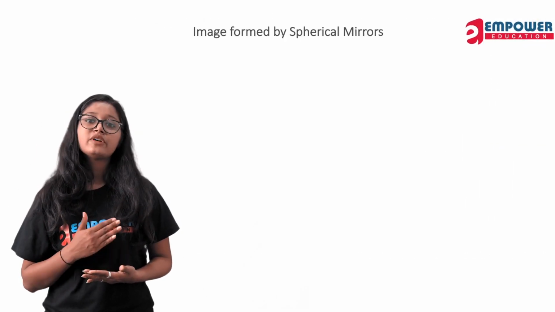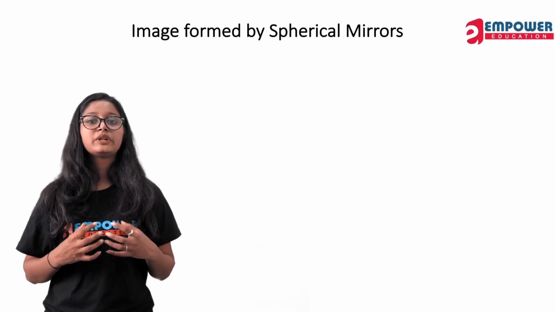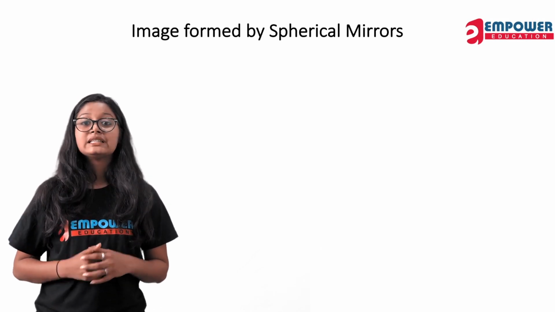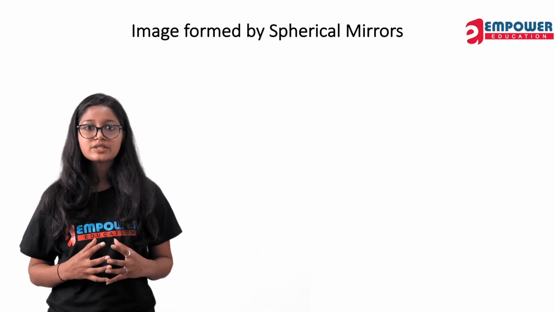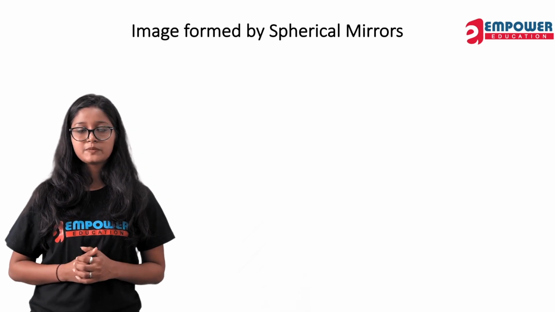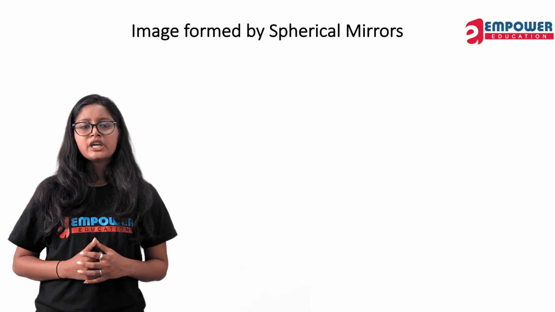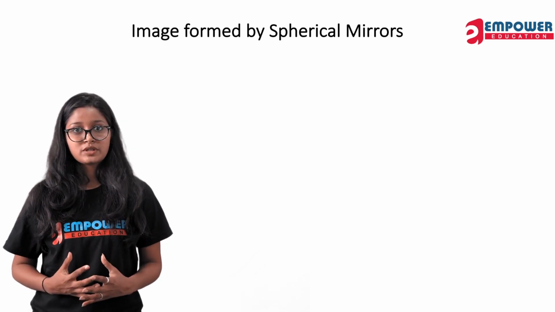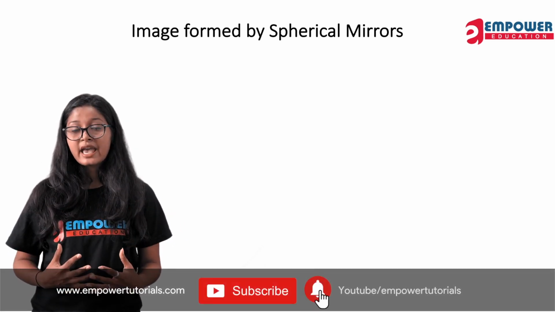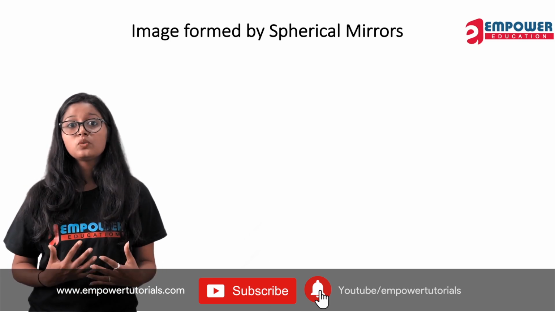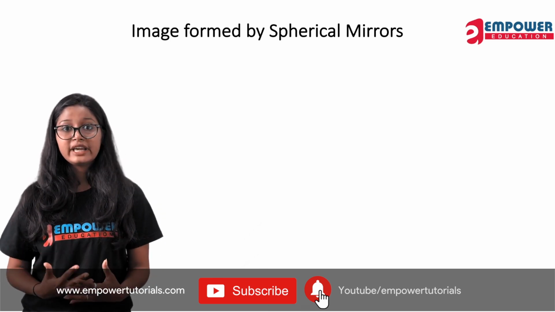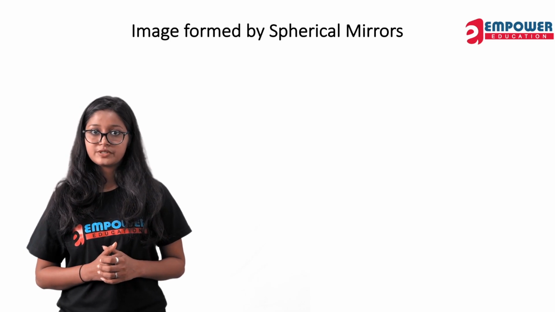Since now we have understood all the terms related to a spherical mirror, now let's see how images are formed by spherical mirrors. You should know certain rules, how light passes and through what point the light will pass after it is reflected from the reflecting surface.